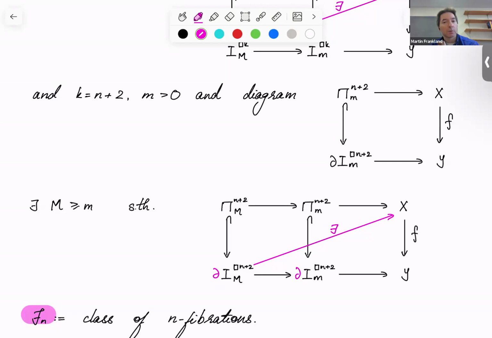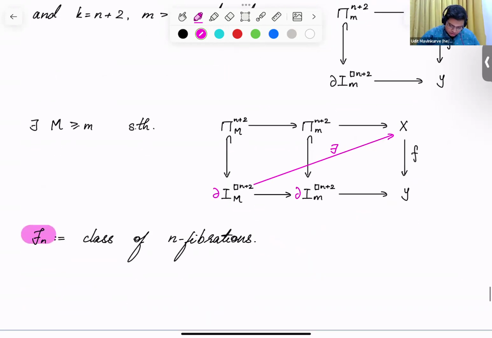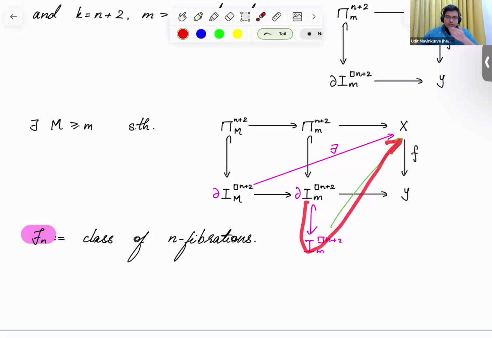If you want your usual fibration to have that lifting property, well, you can extend that to the lifting property into the cube, the actual open box inclusion. And we know that that has a lift like this. Then this composition will be the required lift for the one that you're looking at. So every fibration is an n fibration.